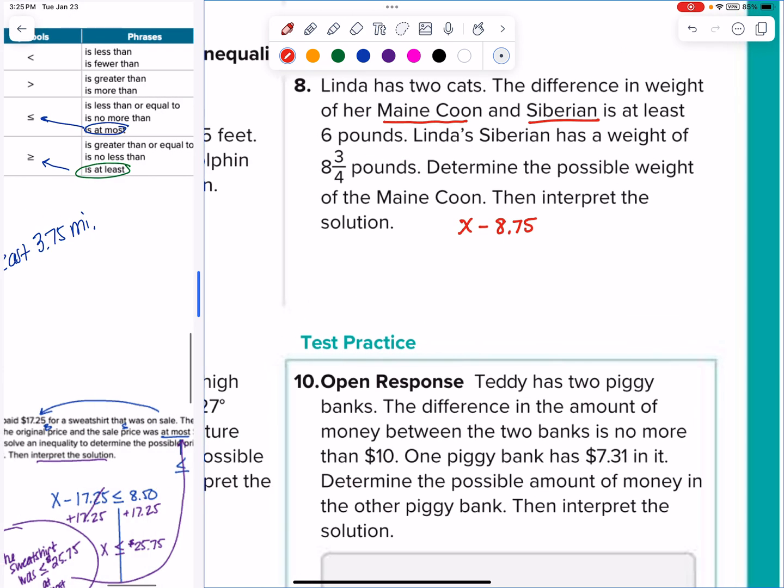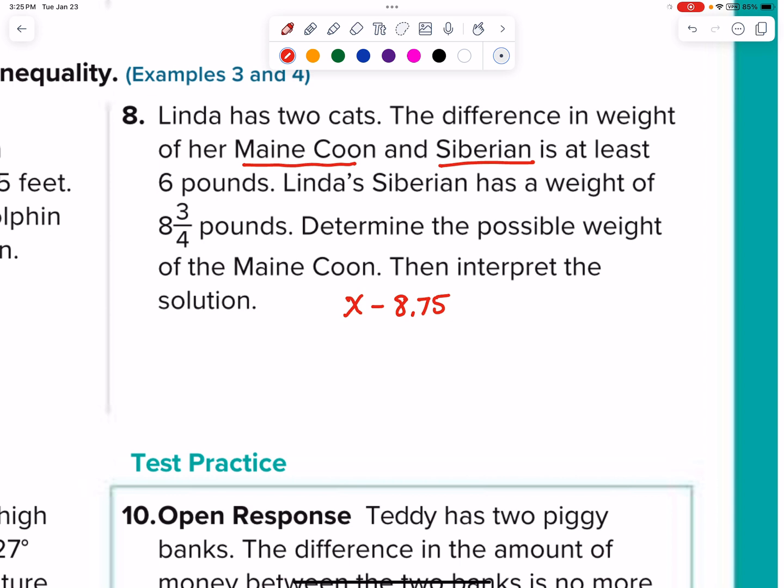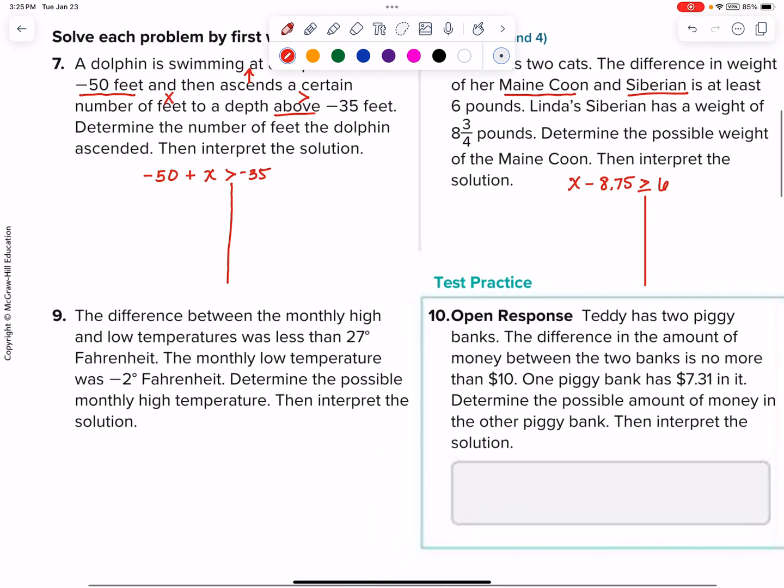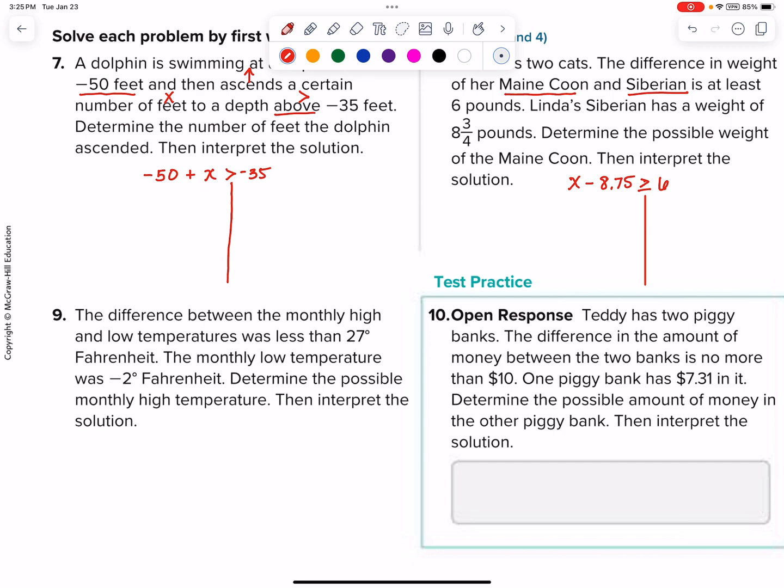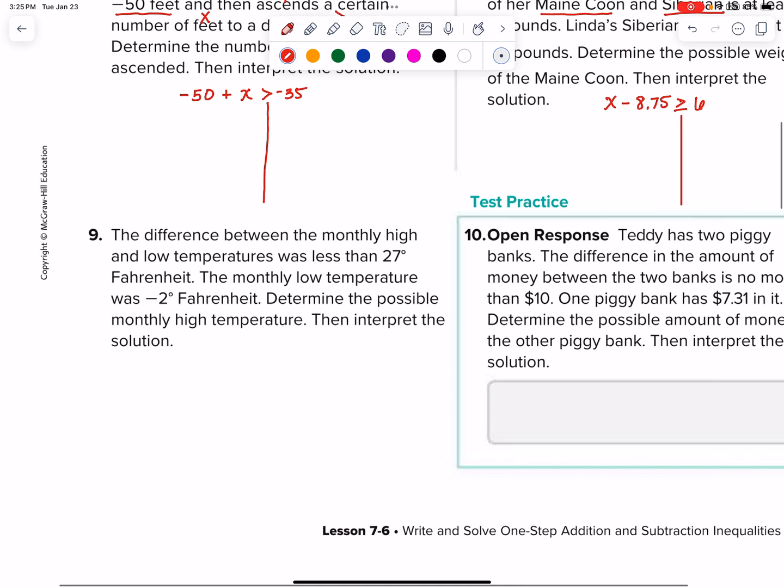It's okay to go back to that. So at least 6 pounds. Then you can go ahead and solve and see what the possible differences could be, and then write an answer to the question. So don't just leave it at x is greater than or equal to. Make sure you actually write a sentence answer.